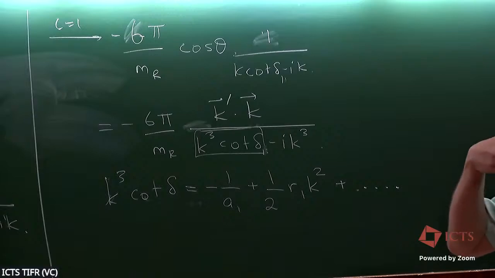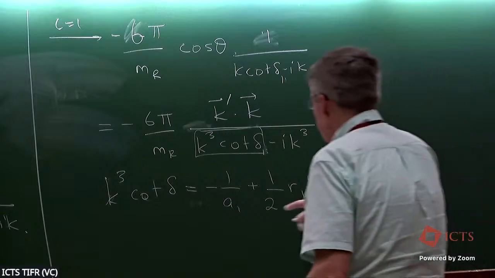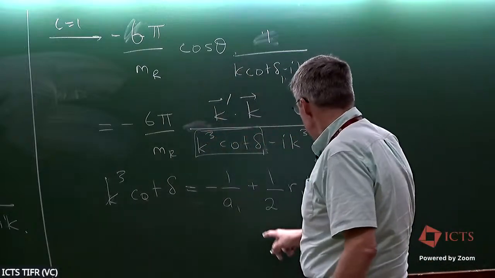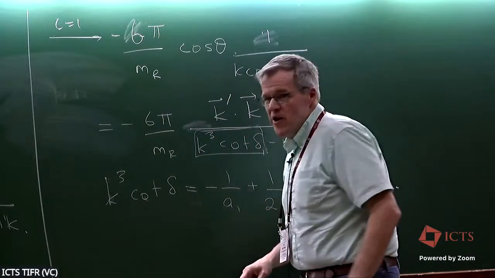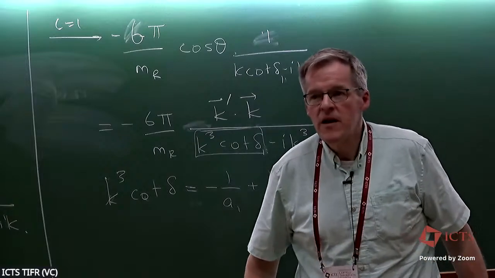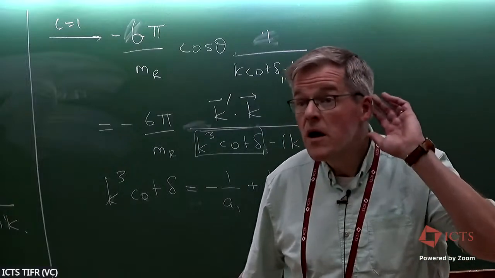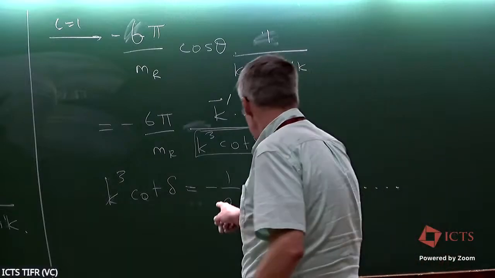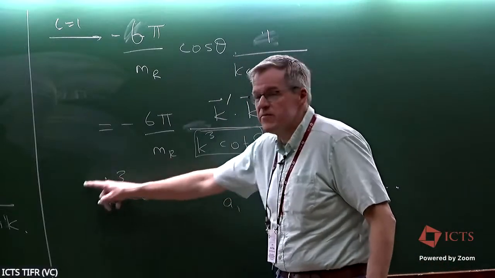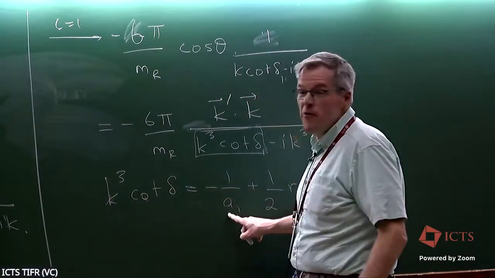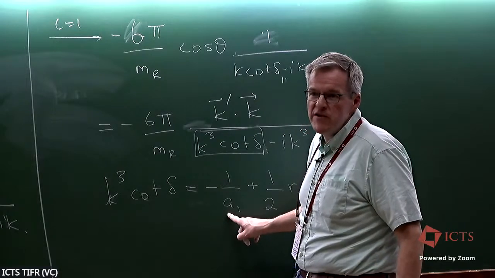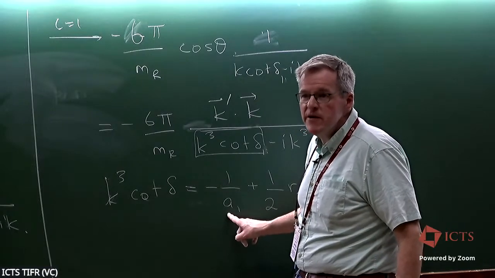Momentum, right? So this is momentum to the power 3. Then what are the dimensions of A1? It has to match this. So if this is momentum to the power 3, A1 has to be momentum to the minus 3.